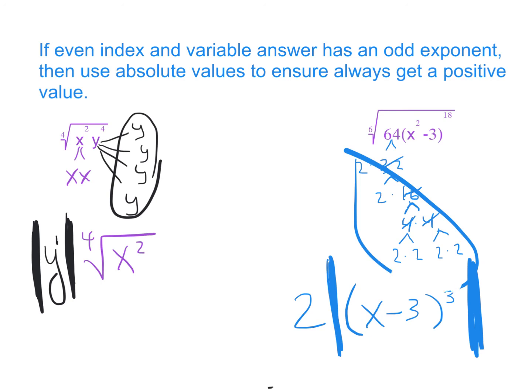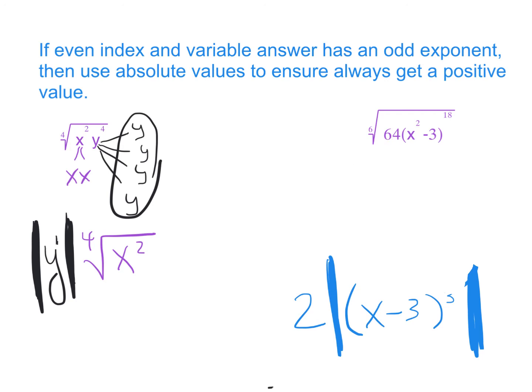Let me clean this up a little bit here so you don't get too mixed up with that stuff. So there's the answer to that problem. And that was a 3, because 6 goes into 18 3 times. So like I said, let me clean this up, or not. That's an ugly 3.